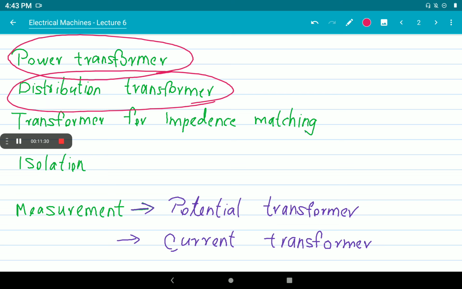So we have to keep that transformer on for 24 hours of the whole day, so distribution transformers are energized all 365 days and 24 hours. All the time the distribution transformer should be turned on. Power transformers can be turned off when the generating station is turned off, but distribution transformers work 24 hours.